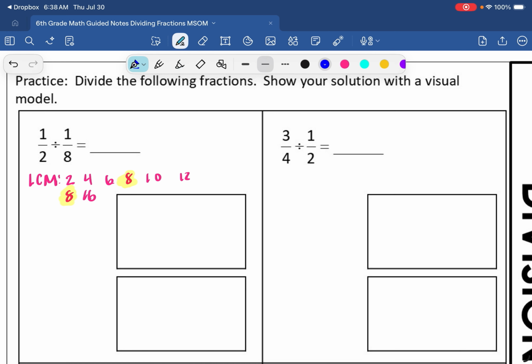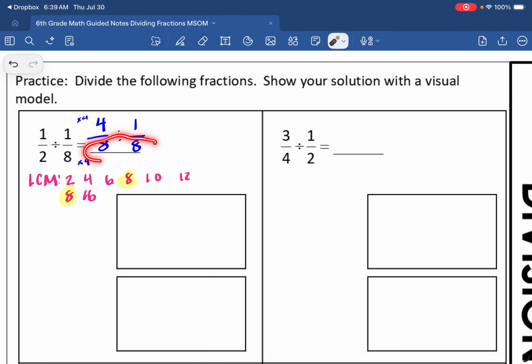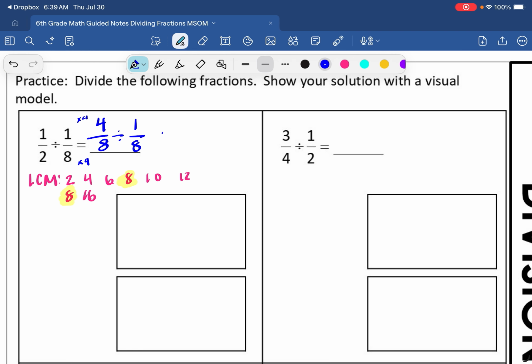So I'm going to change my denominators to 8. The second one will still be 1/8. And then 2 times 4 is 8. So 1 times 4 is 4/8. So 4/8 divided by 1/8. My denominators are the same, so I can just go 4 divided by 1, and that equals 4.